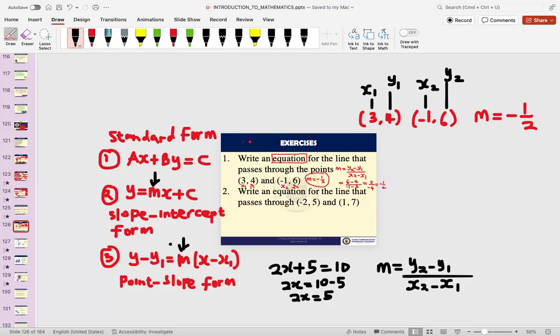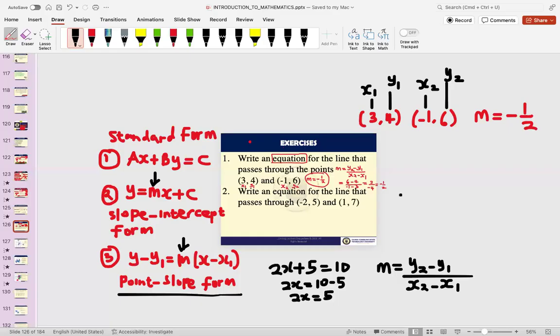Which of the equations do you think will be easier to pick? When I check through the three, I see y1, I see x1, I see m, and I have those information here. So once I have the information here, I would like to use the point slope form because it becomes easier.